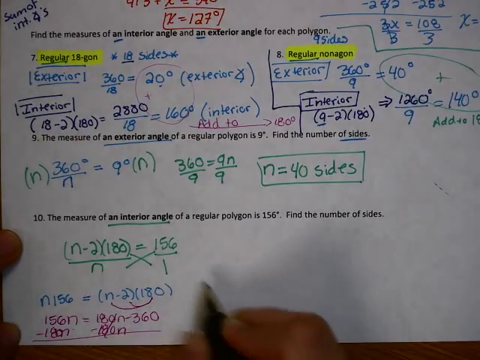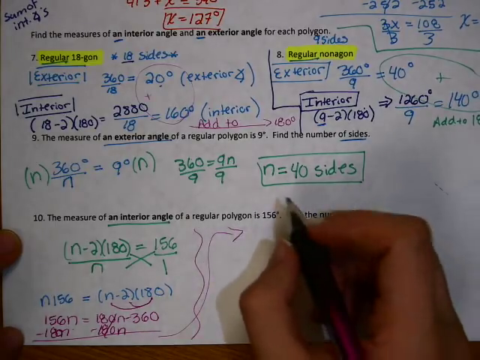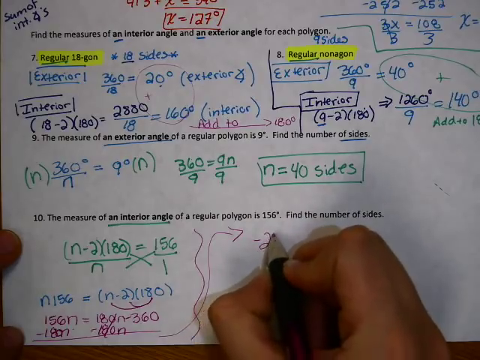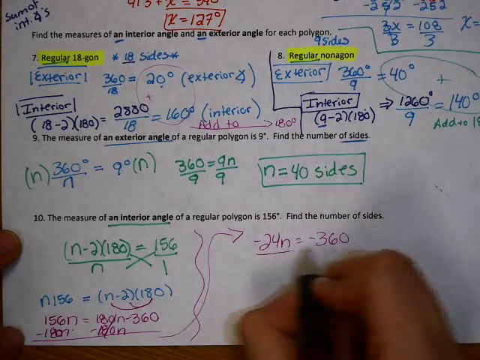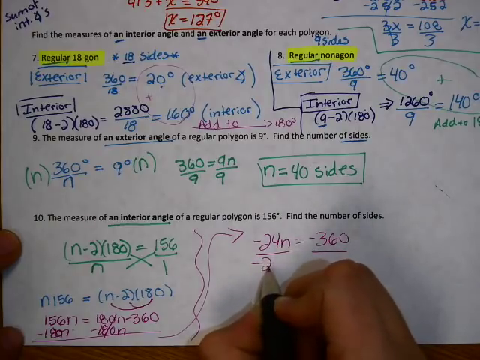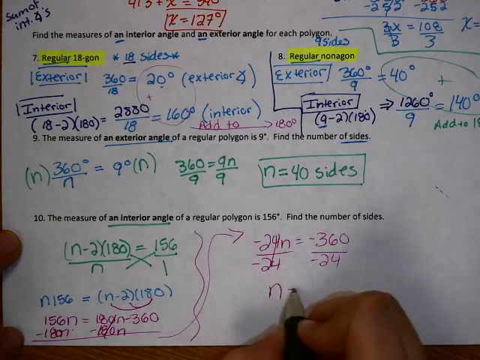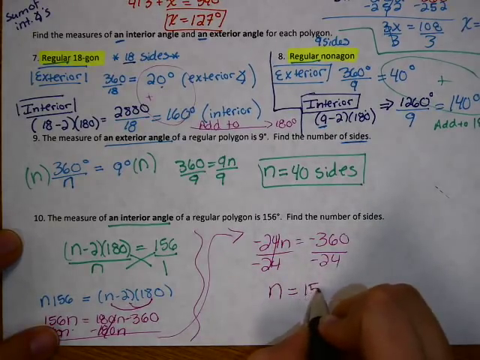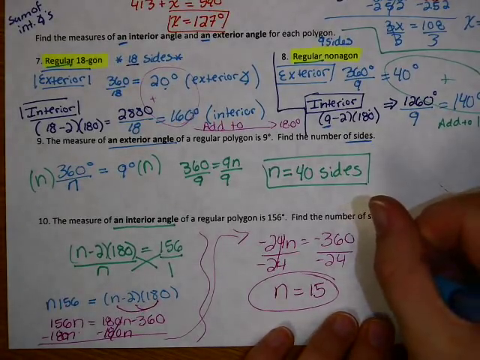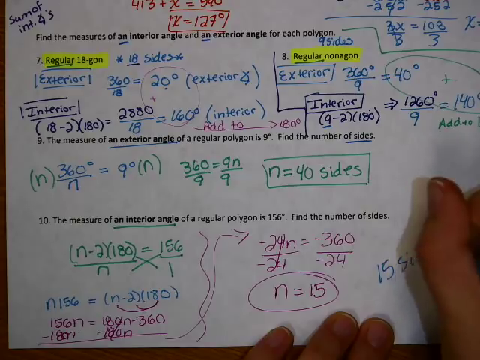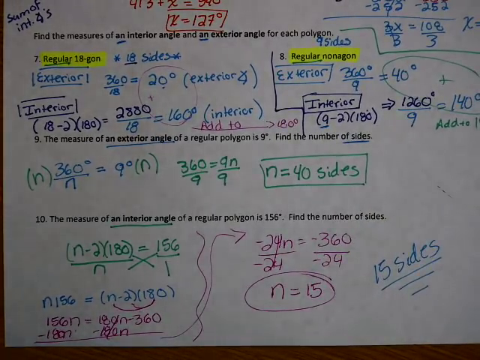I get negative 24n is equal to negative 360. Continue to solve. Divide negative 24 on both sides, and n is equal to a positive 15. So that means this polygon has 15 sides. Okay, and that's it.